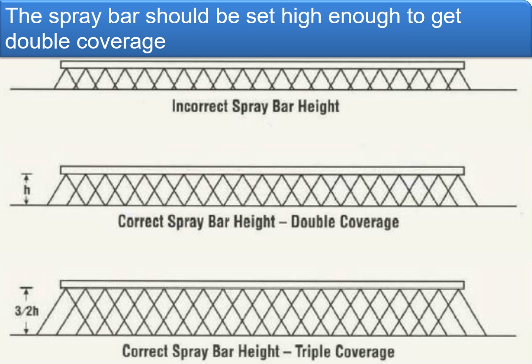So if you see the photograph, you have three heights of spray bar being shown. The first one is at such a height that the area covered by each nozzle spray is touching the boundary of the other nozzle.